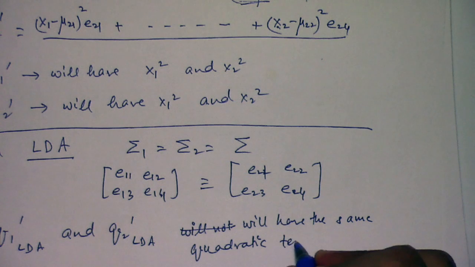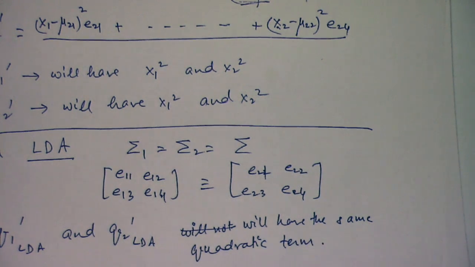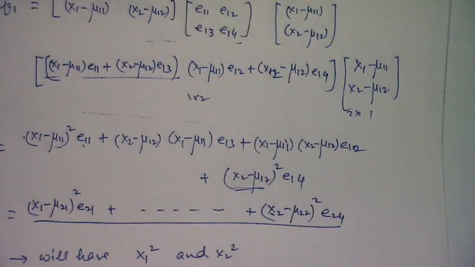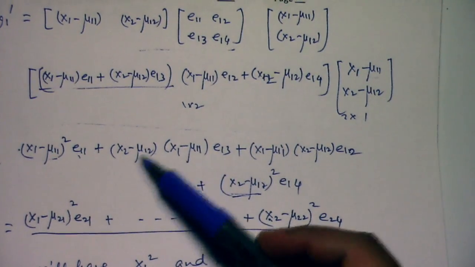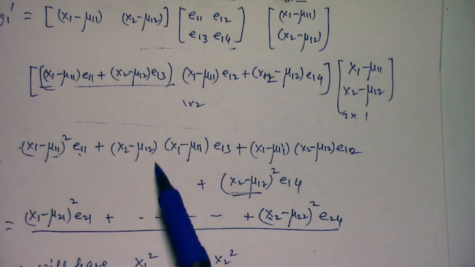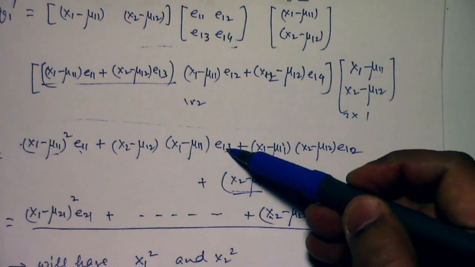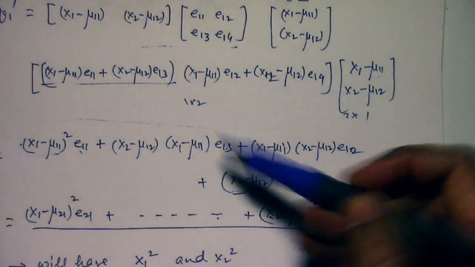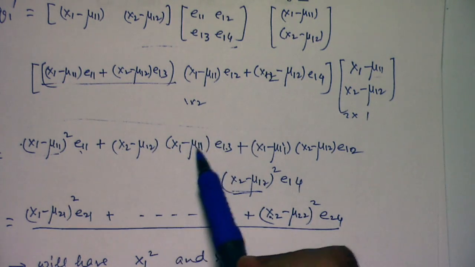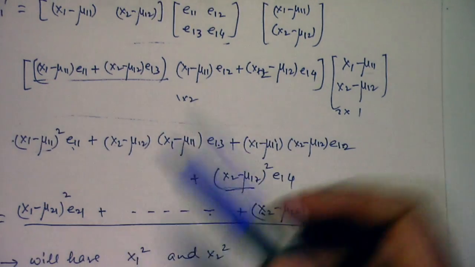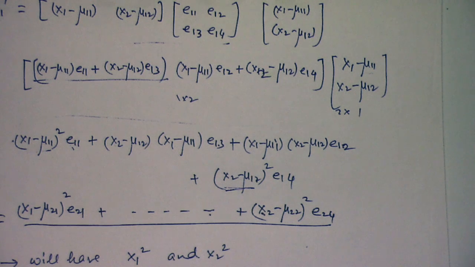So you will just be working with the linear terms. The linear terms will not go away, because here, of course, E13 will be the same as E23, but since x2 gets multiplied by mu11 and x1 gets multiplied by mu12, which will be different, there will still be something to compare against.